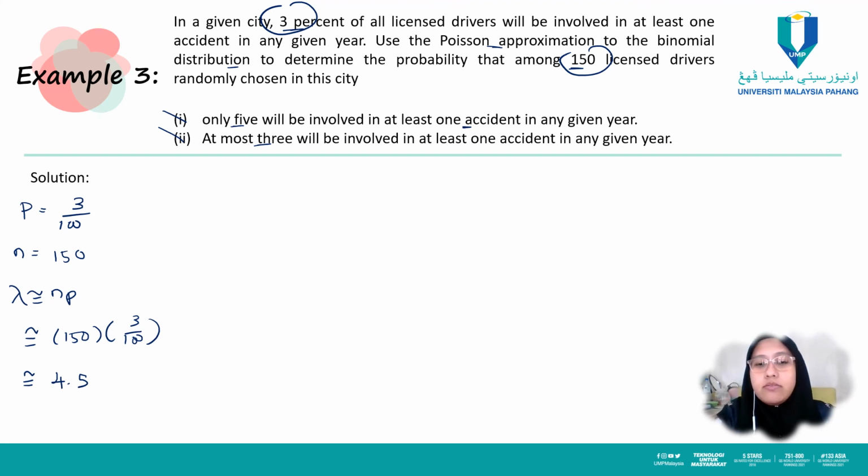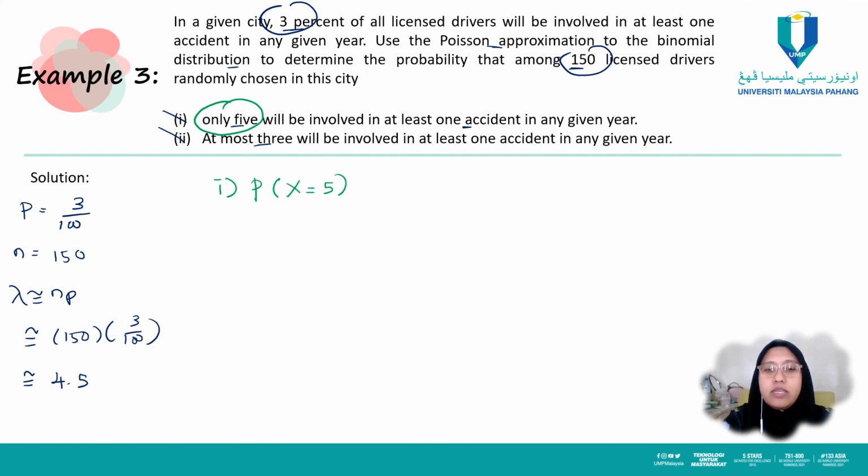Now let's start with question number 1. Question number 1 asks you to find only 5 will be involved in at least one accident in any given year. That means the question asks you to find the probability when X is equal to 5.